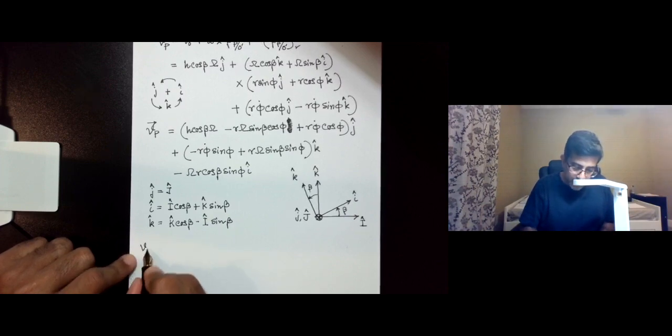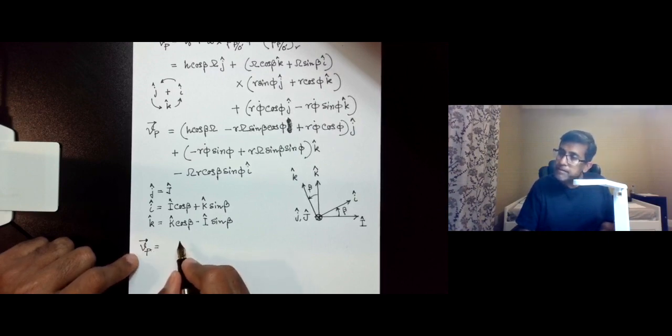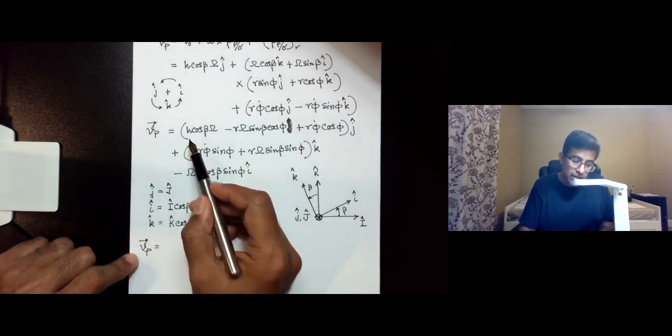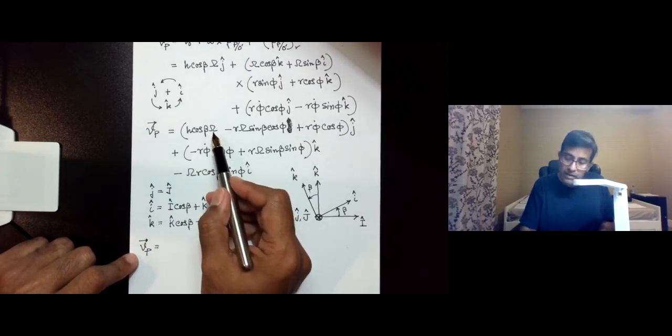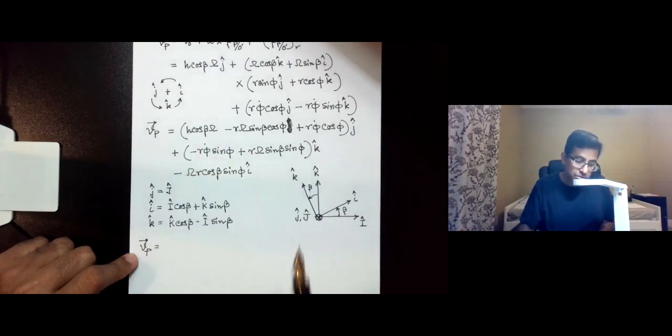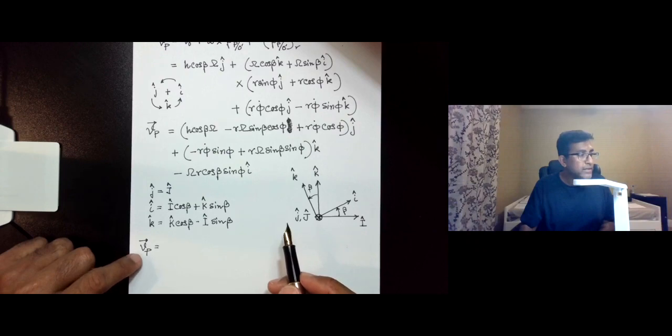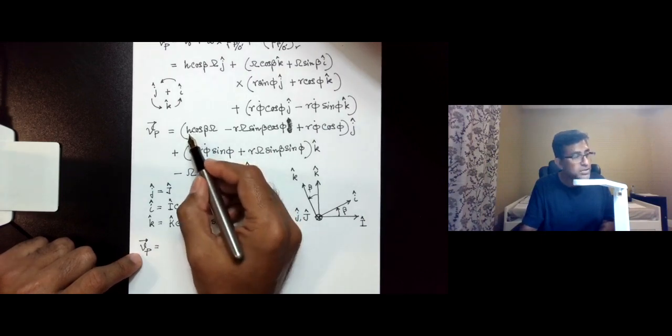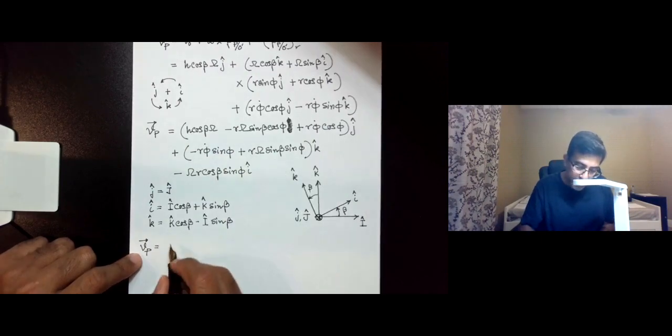So then Vp is equal to, I'm going to express everything using r, beta and this capital omega. I'm not going to use h, and we have the mapping between r and h. r is h tan beta, or rather h is r divided by tan beta.